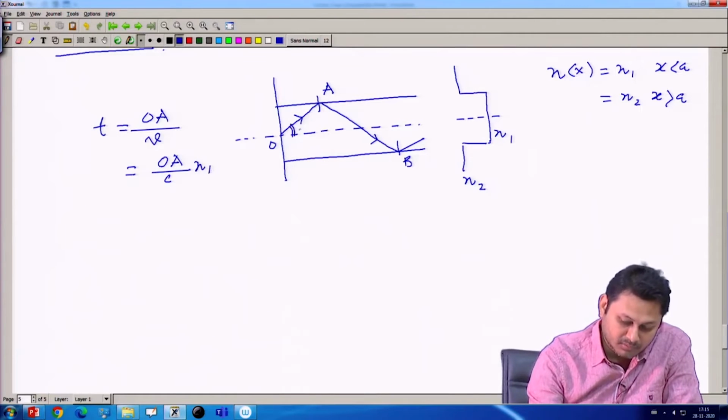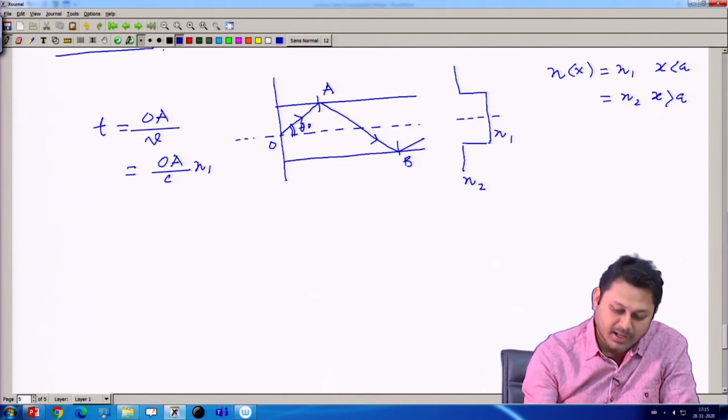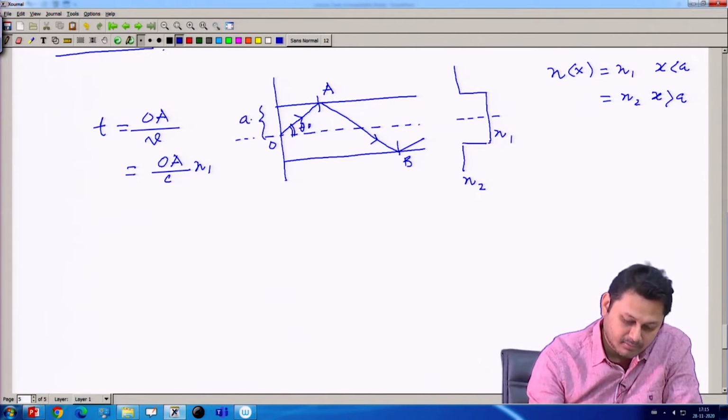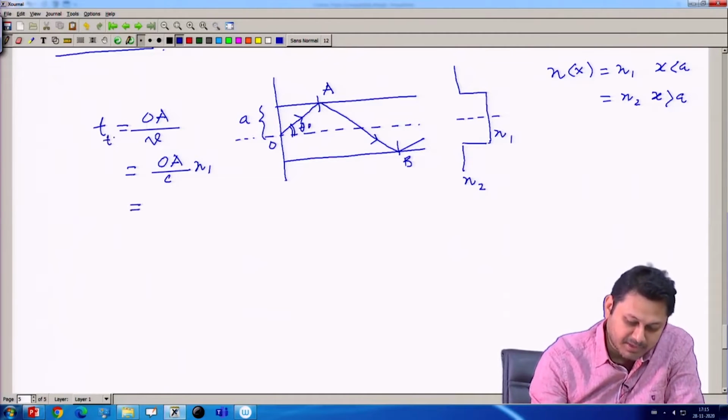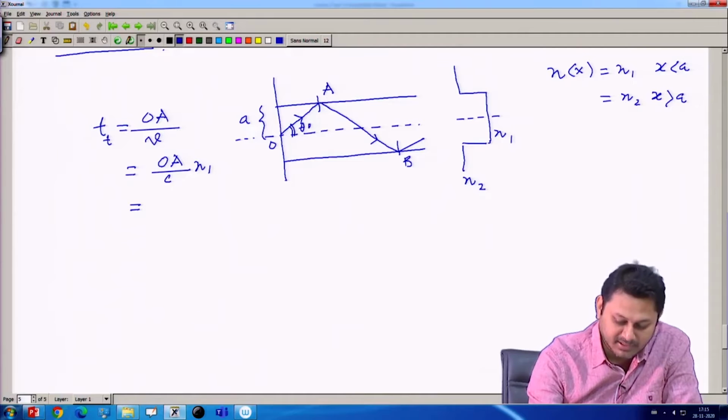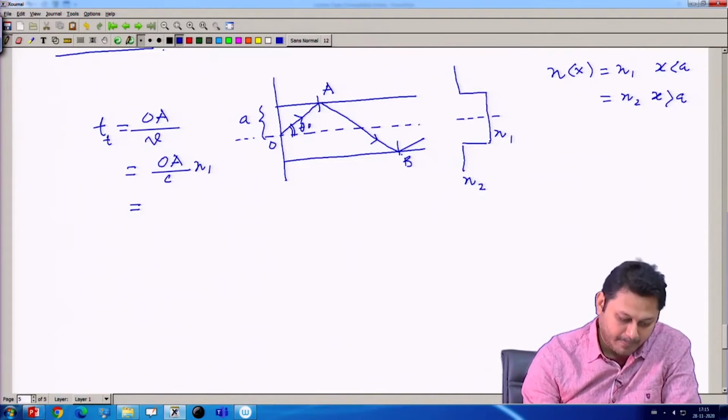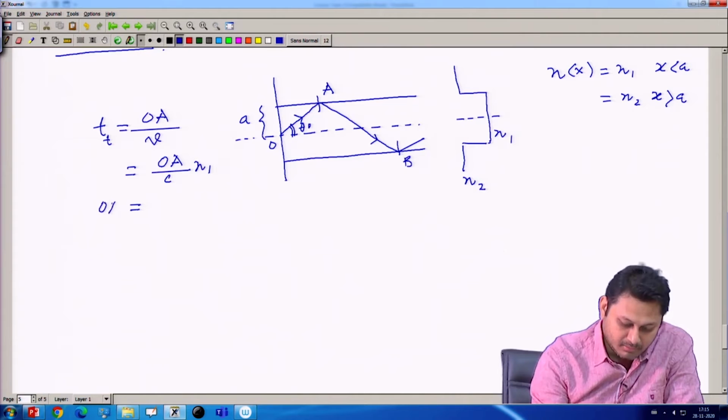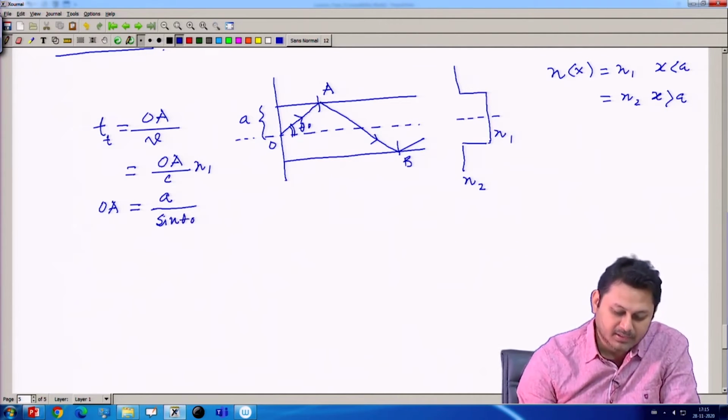And if this angle is known, suppose this is theta 0 and this is my A, I can calculate that. So, this is my TT, because I am eventually calculating the transit time at the point where the ray is bending to this point. OA I can write as A divided by sin theta 0, because sin theta 0 is A divided by OA. So, now I am done.